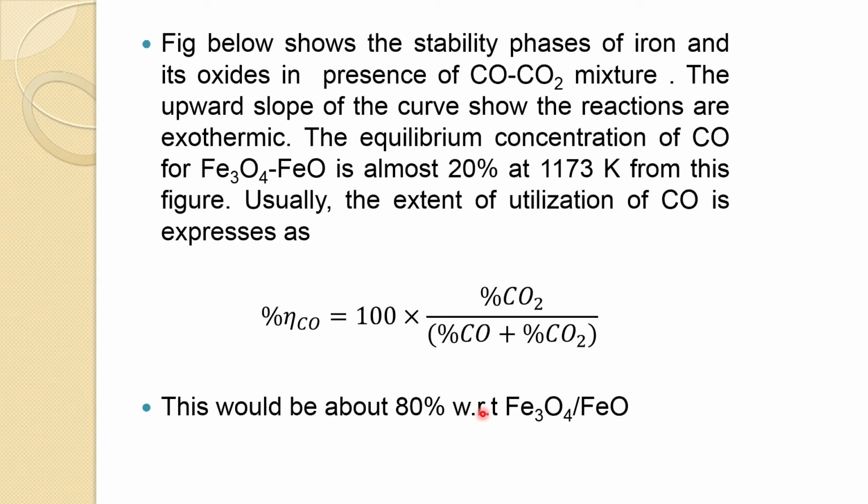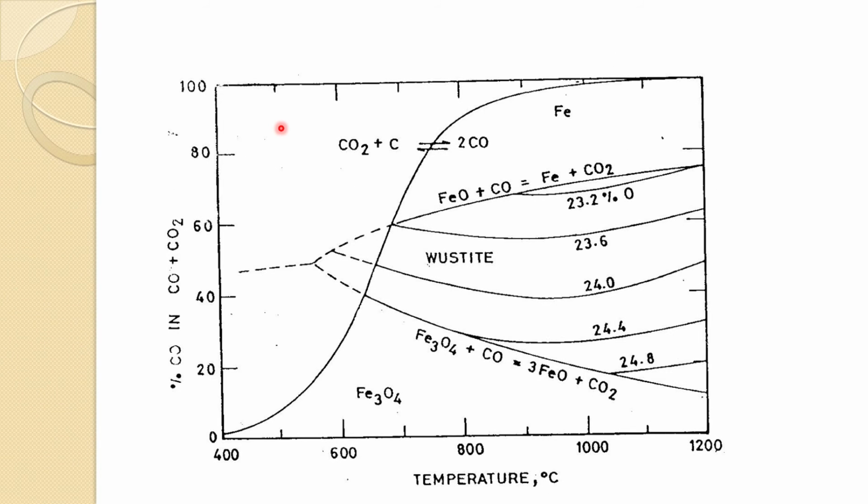Note the other reactions. The figure on the next slide shows the stability phases of iron and its oxide in the presence of a CO-CO2 mixture. So, this is the Fe-C-O system, and this is the line which you have seen for the CO system, carbon and oxygen.